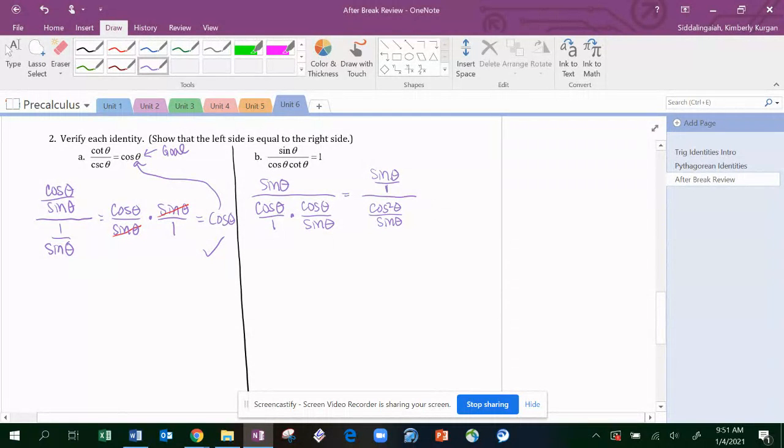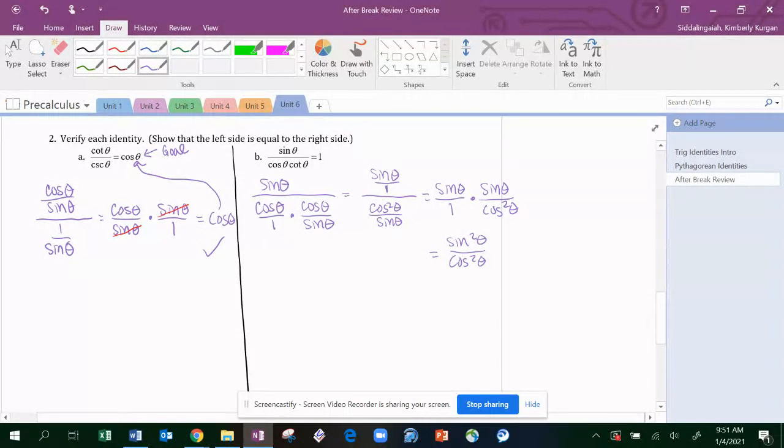Okay, so dividing two fractions means I need to multiply by the reciprocal. So sine of theta over 1 times the reciprocal. So I'm going to flip that around. So let's see, I end up getting sine squared over cosine squared, which is not 1.